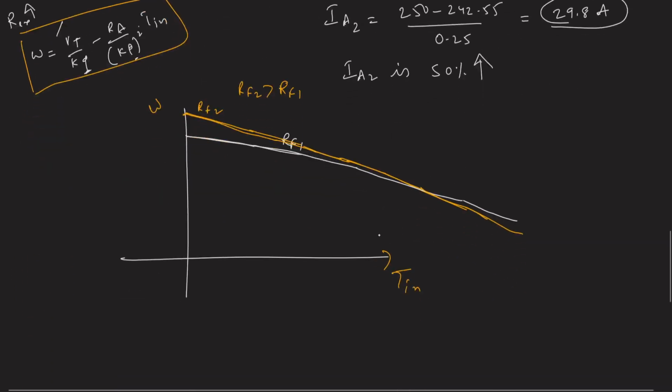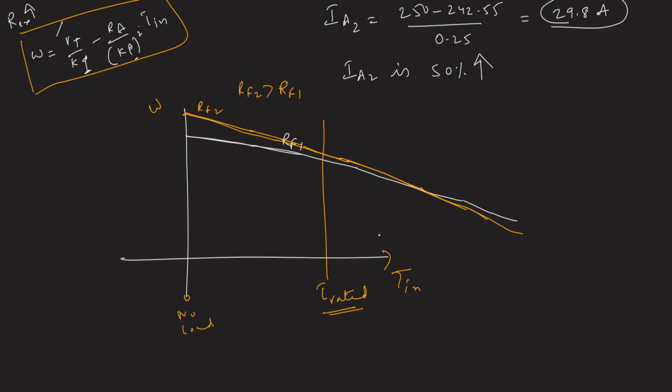Now, this is normally the T rated, from the minimum no load point to the rated load point. Under this region, these two graphs do not intersect each other.